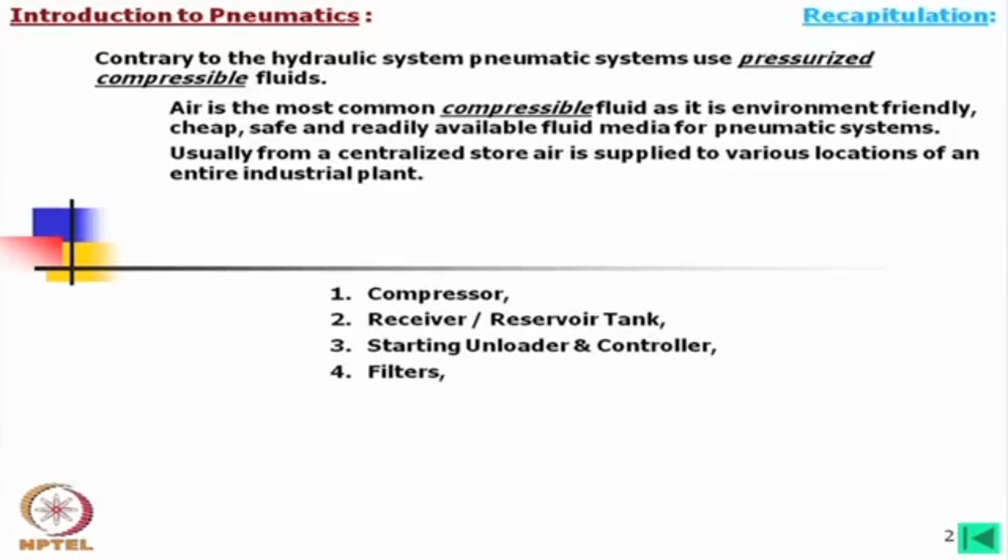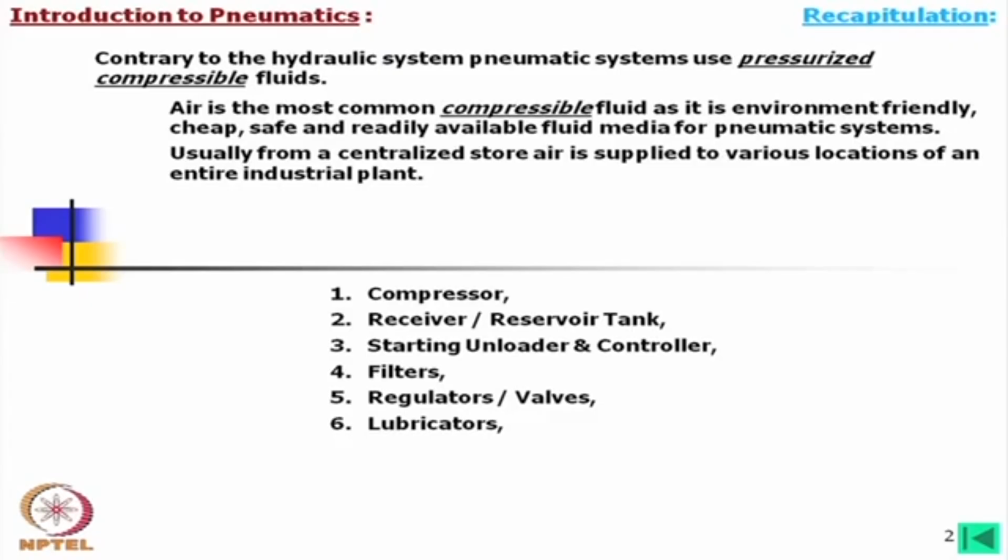Next, we need filters. That means, when the compressed air is being supplied to the machines, first it is filtered, then we need to regulate. So, there will be a regulator as well as maybe flow control valves. Then we need a lubricator.